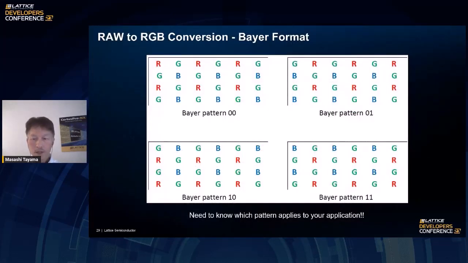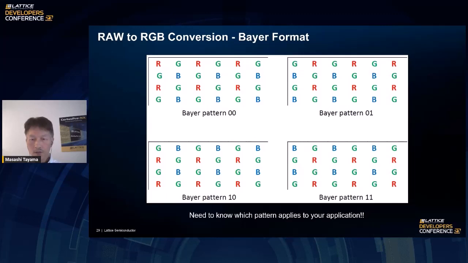Here, I'd like to talk about image sensor data format. Many RGB sensors use so-called Bayer format to transfer the video data. With this method, we get only one color component data among R, G or B at one pixel location.